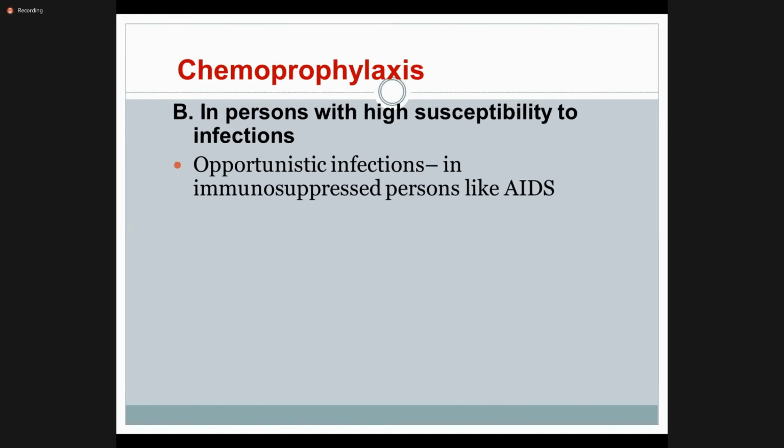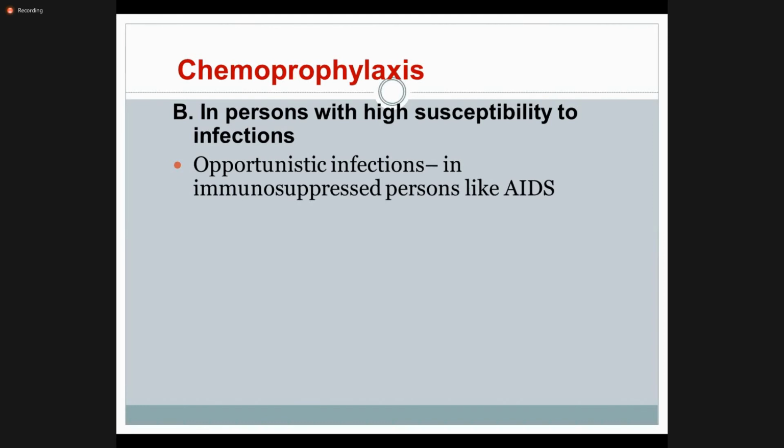Normally, in a normal person, when there is invasion of any organism that can cause infection, nature has developed a system in the form of normal flora. Normal flora is present all over our body: on the skin, in the nostril, in the GIT, in the oral cavity, everywhere. These normal flora initially fight against the invading organism, so it doesn't have any opportunity to multiply.